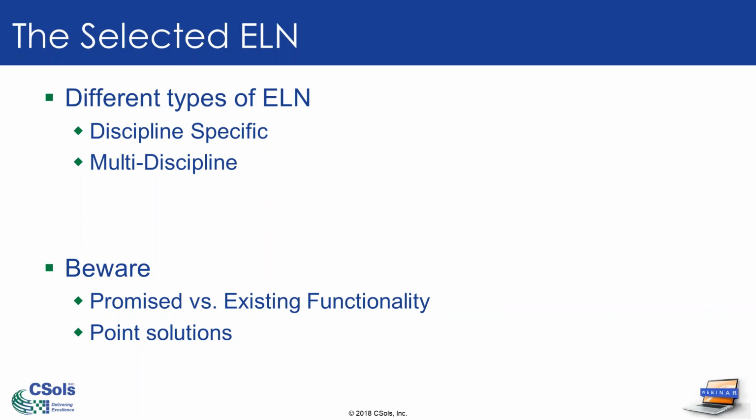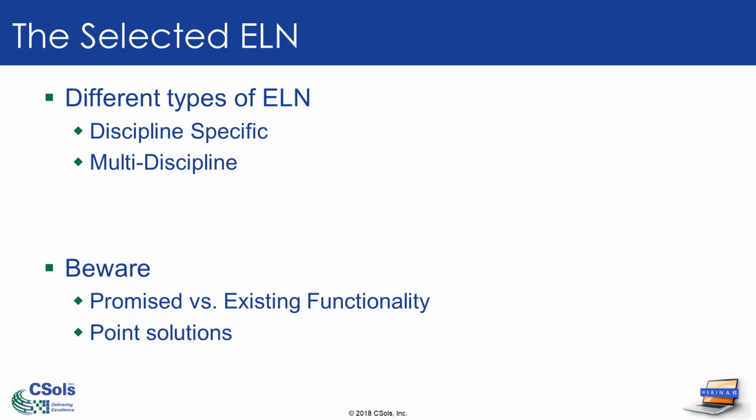This may be based upon, for example, small versus large molecule. Maybe your focus is on small molecule, not large, and so you've chosen an ELN that has those capabilities, but possibly not many capabilities in large molecule research and development.